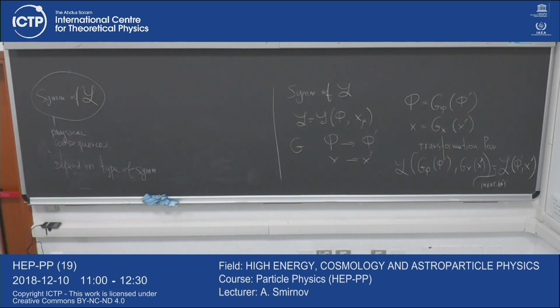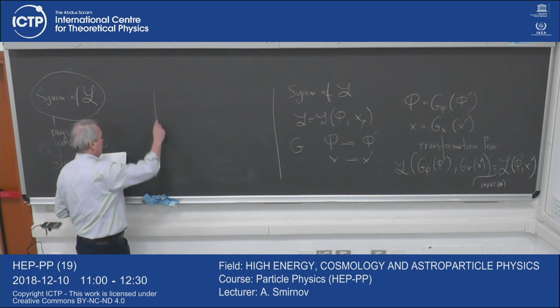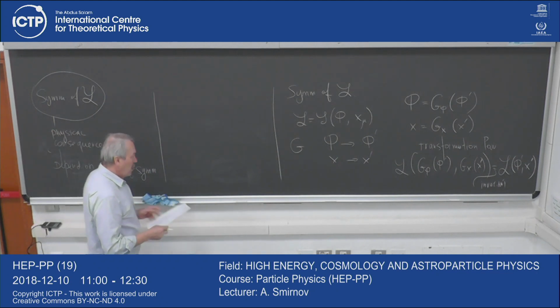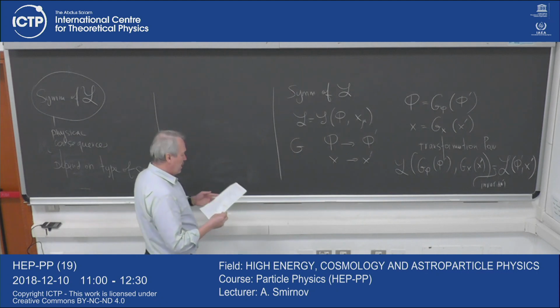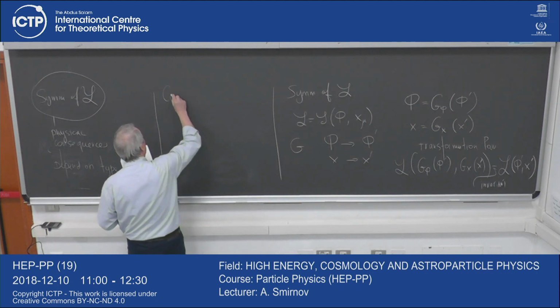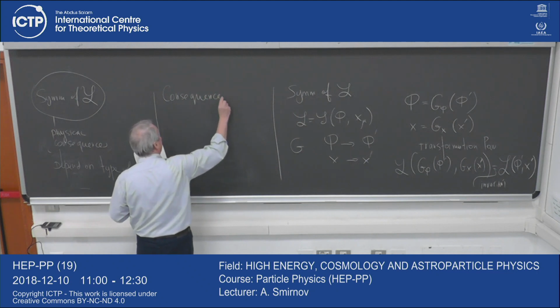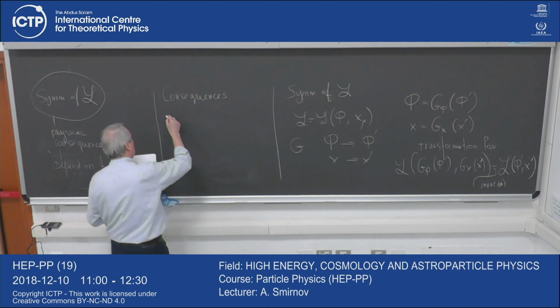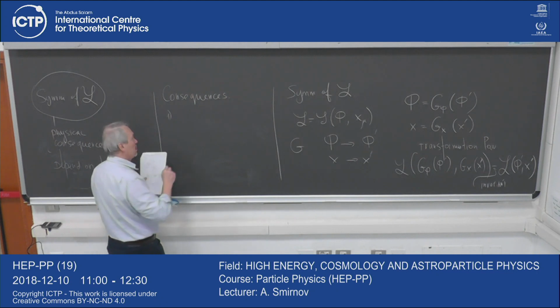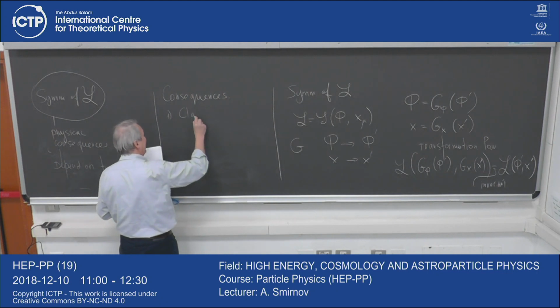And different symmetries have different physical consequences. And very often, Lagrangian is invariant under several symmetries. So what are these consequences in general? Symmetries provide for us classification of particles.